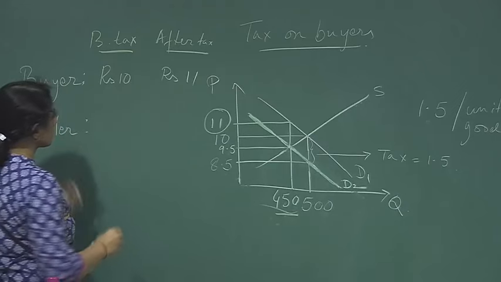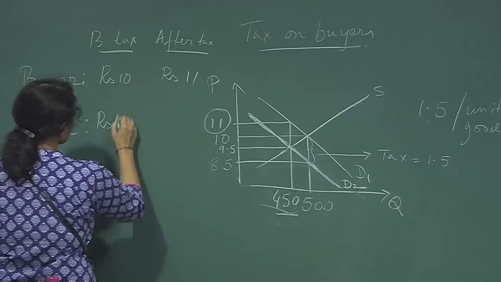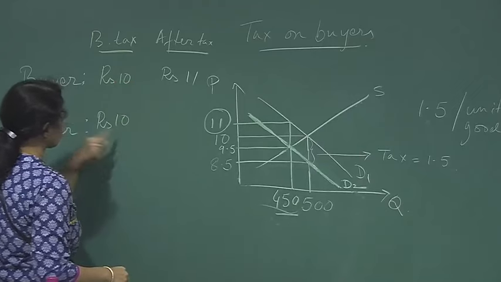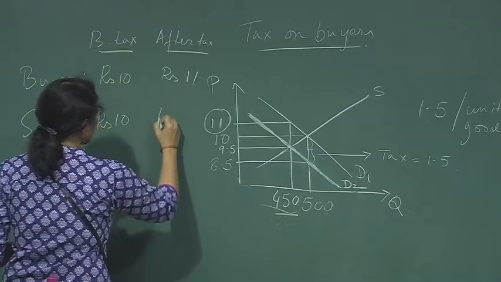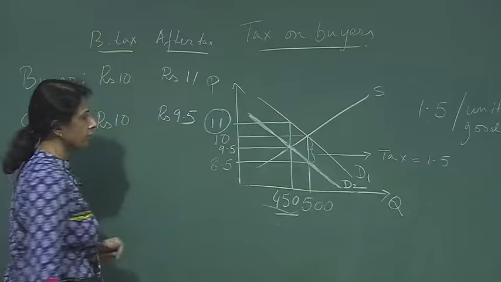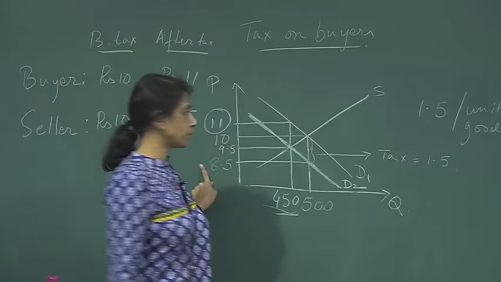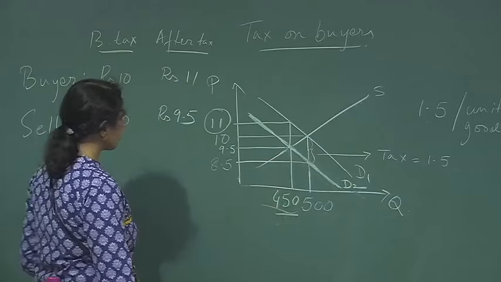Before taxes he was getting the equilibrium price of rupees 10, but after tax he ends up getting 9.5, and the amount sold in the market is 450.